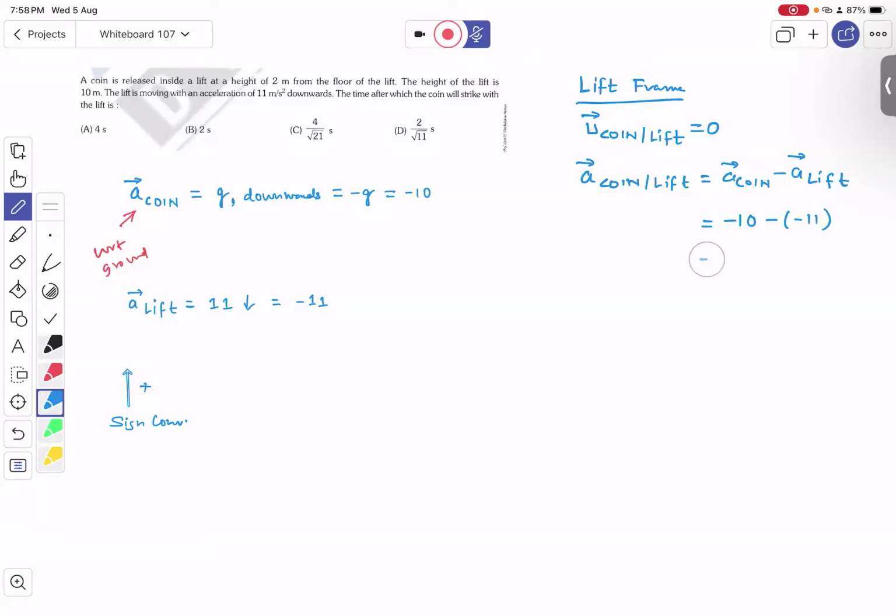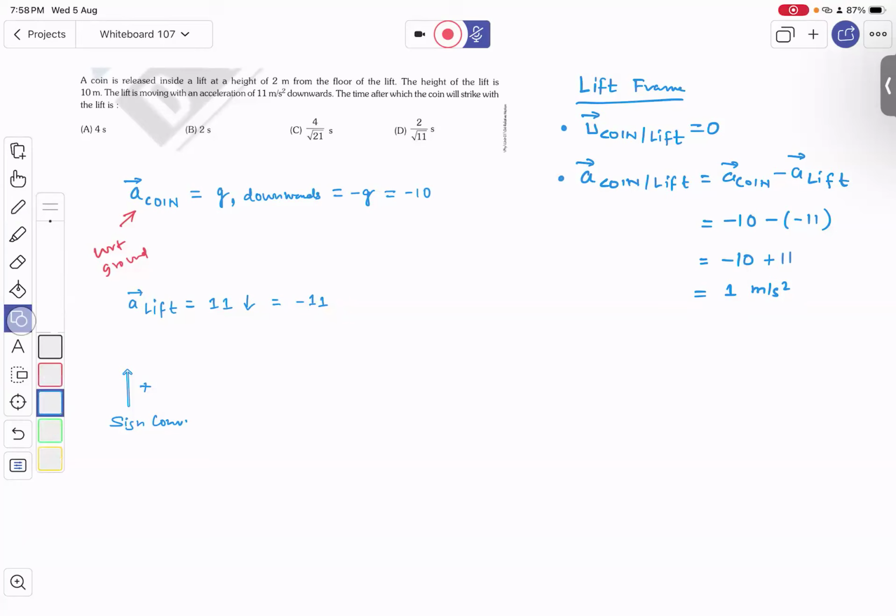So the answer that we get here is minus 10 minus of minus 11, so plus 11, that will be 1. So it means the coin is going to be moving with this much acceleration with respect to the frame of the lift. One more thing is missing that we have to find out: the initial position of the coin with respect to the lift.